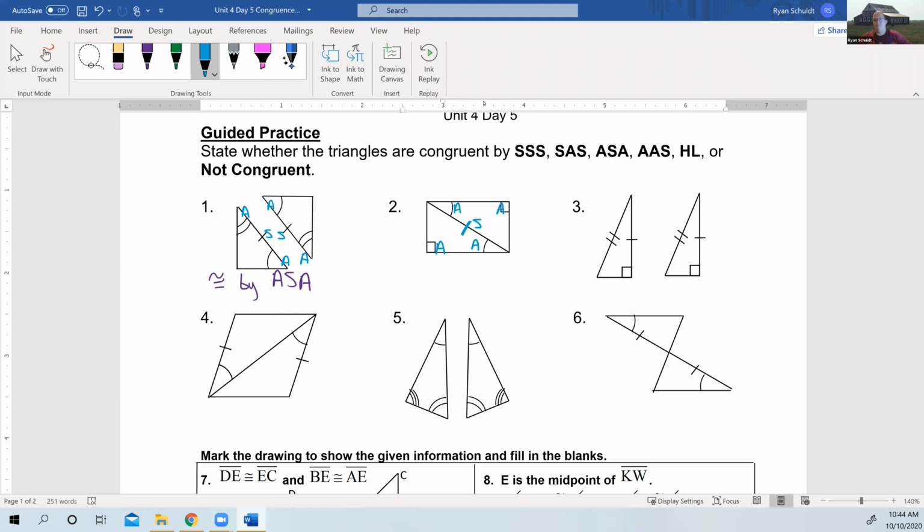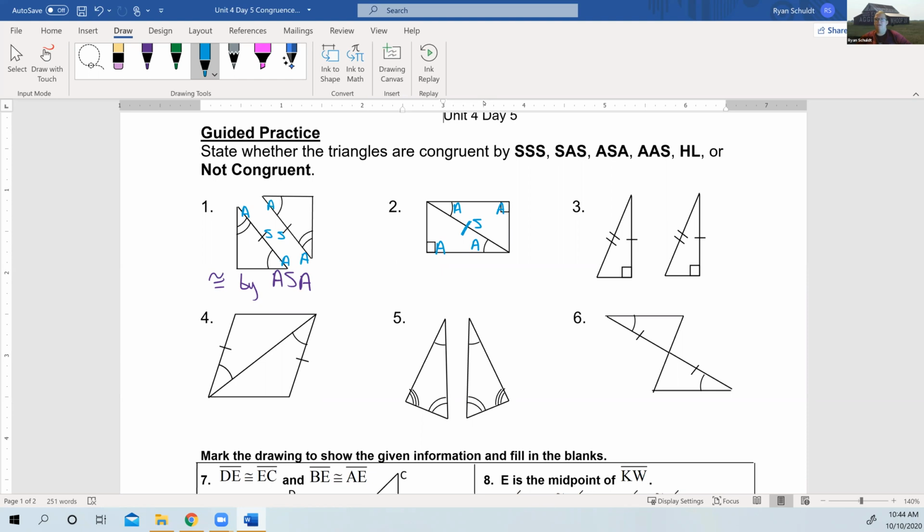One has to be the hypotenuse, one has to be a leg. How many sides do I have here? One. So I can't use HL. Even though I know you want to, you can't, because I don't have two sides.